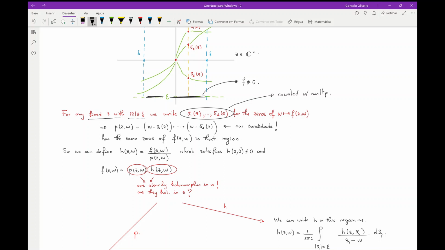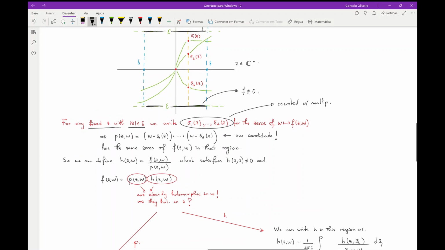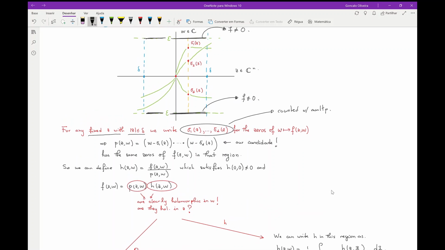So for instance, if there was a zero here that had multiplicity 2, then I would list it here twice, and then p would have exactly the correct multiplicity there. So p is going to be our candidate to be the Weierstrass polynomial of f in w. Clearly it has the same zeros of f in that region, exactly with the same multiplicity.